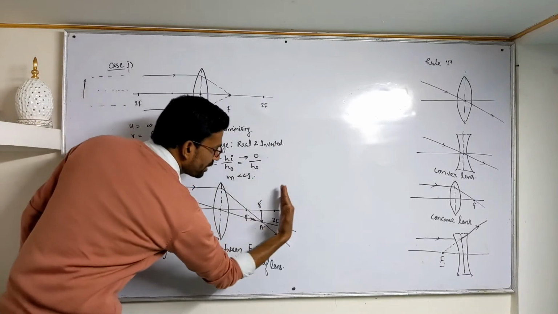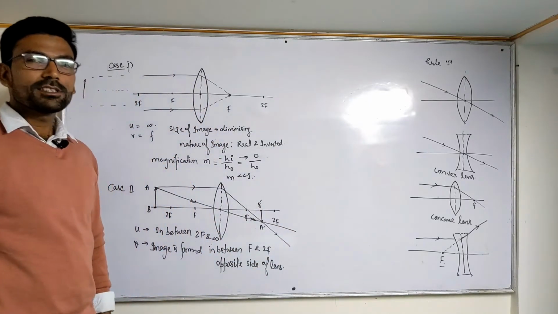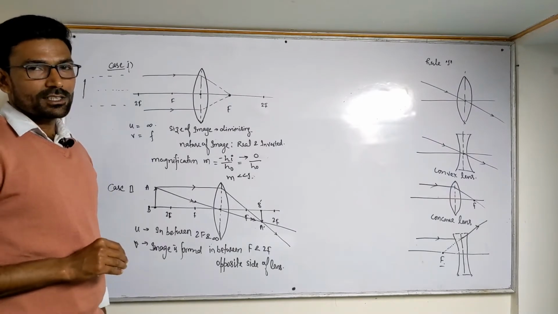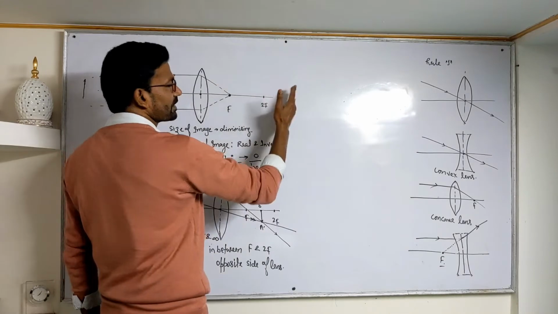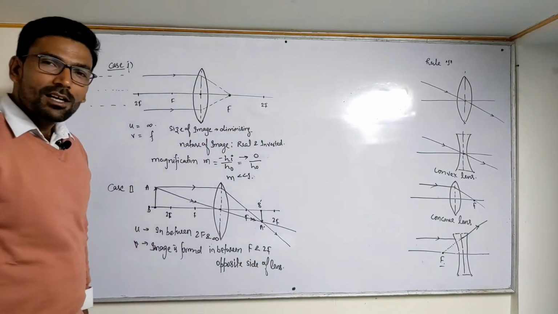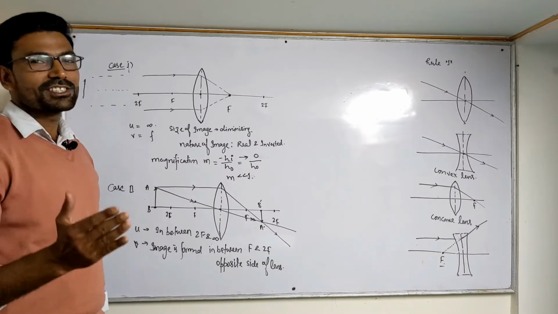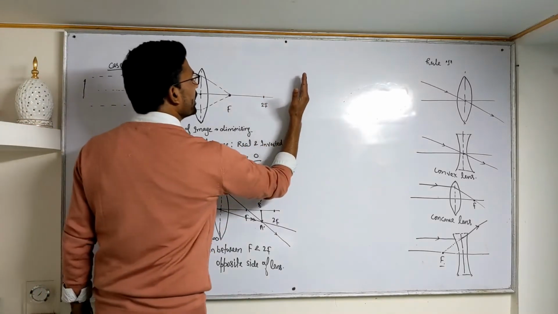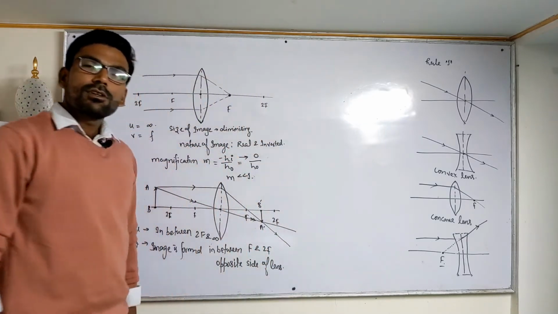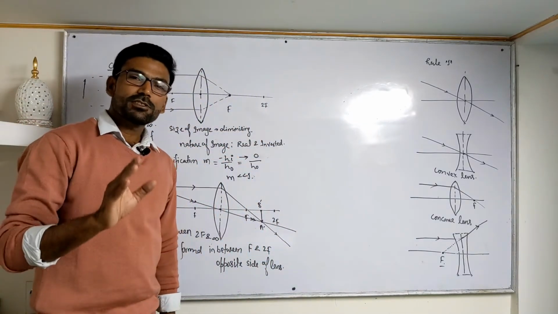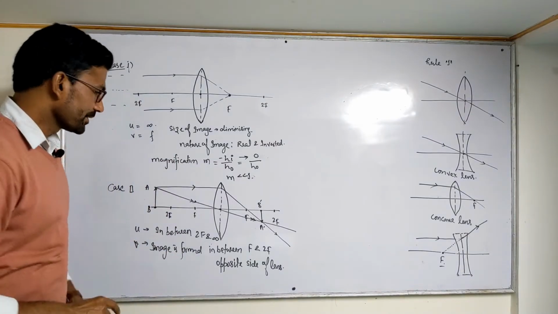If we get the image somewhere in between, this image is called a real image. If we do not get any image on the screen which is placed behind the lens, this is called a virtual image. If the image is formed on the screen here, anywhere, then this image is called a real image. If the image is not formed on this screen, the image is called a virtual image.